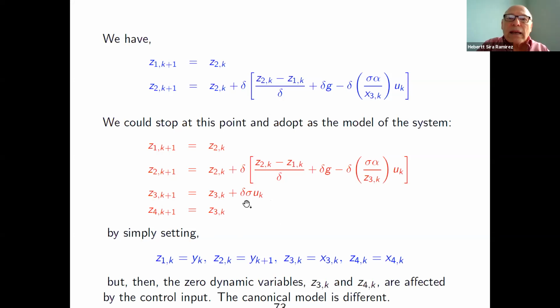Let's see if we can get rid of the presence of this u right here in these zero dynamics variables. We said that it would be possible to obtain some new variables such that their first advance is independent of the control input. And for that, we will have to change these two variables, C3 and C4, for something else different than x3 and x4.